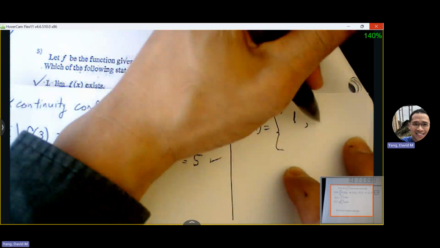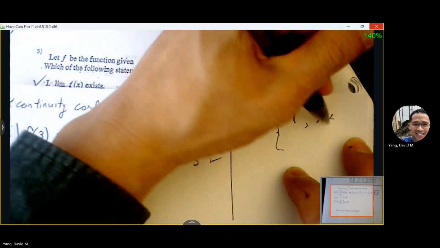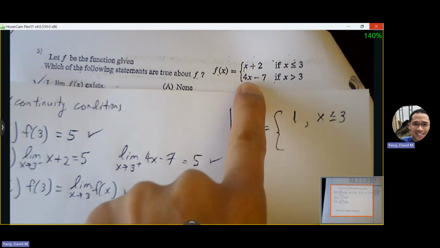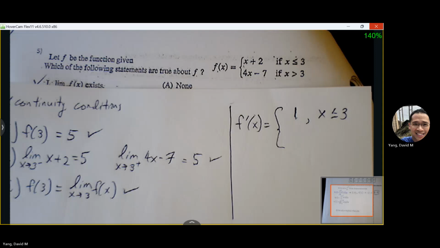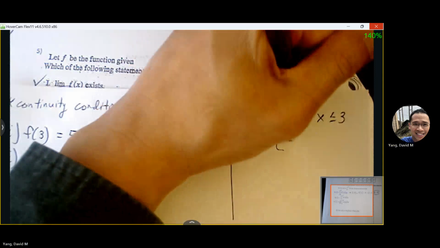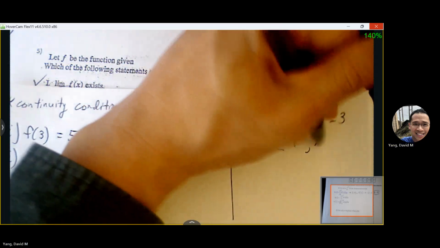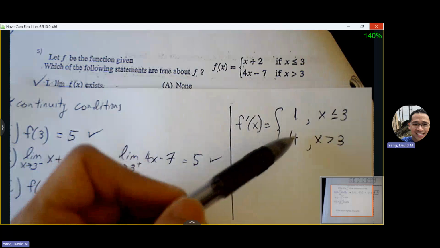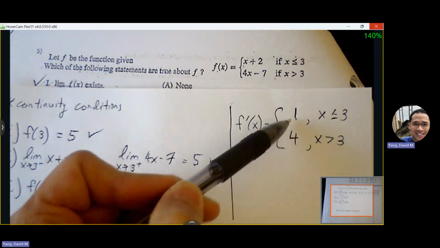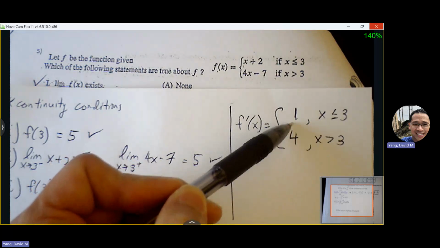So the slope is 1. And here, what's the derivative? 4. So is this function going to be differentiable? Are they going to share the same slope at 3?